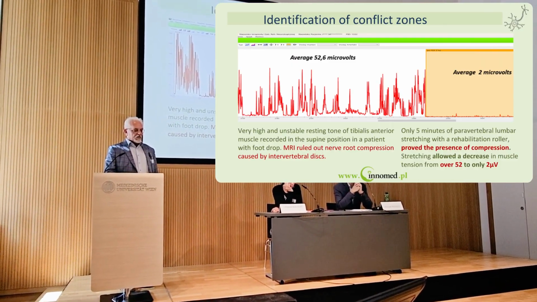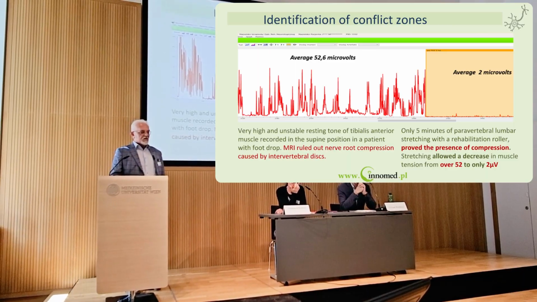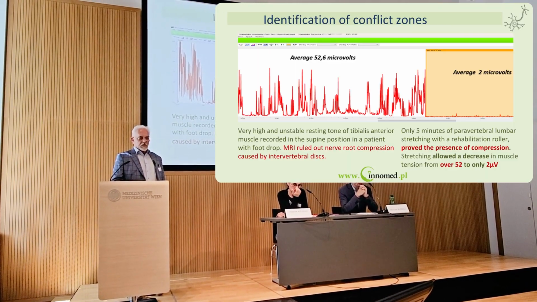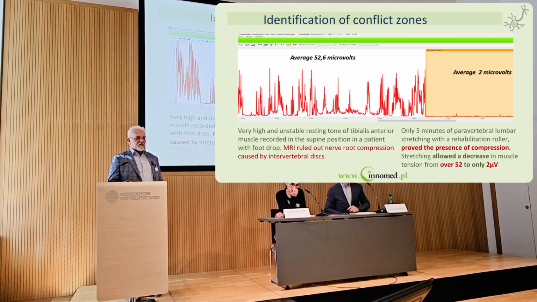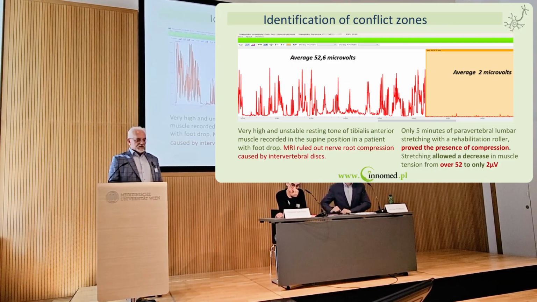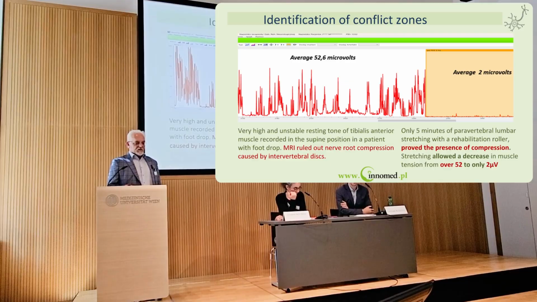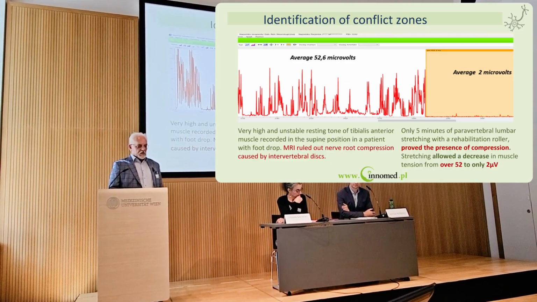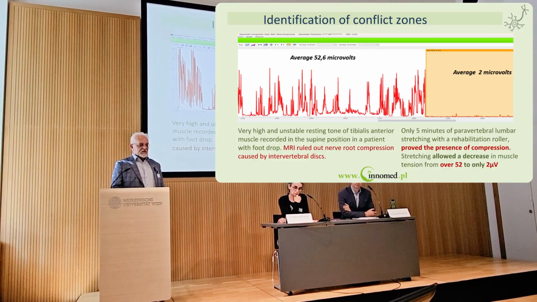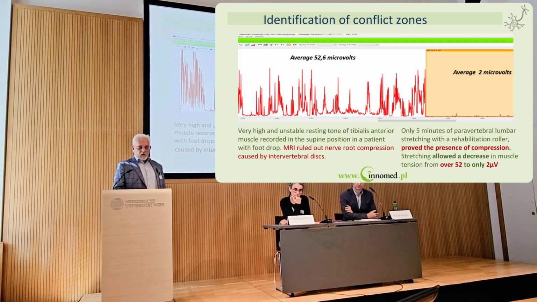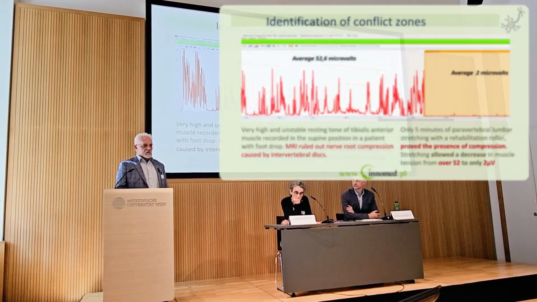MRI ruled out nerve root compression caused by intervertebral disc. On the right, only 5 minutes of paravertebral lumbar stretching with a rehabilitation roller proved a decrease of compression. Stretching allowed a decrease in muscle tension from over 52 to only 2 microvolts.